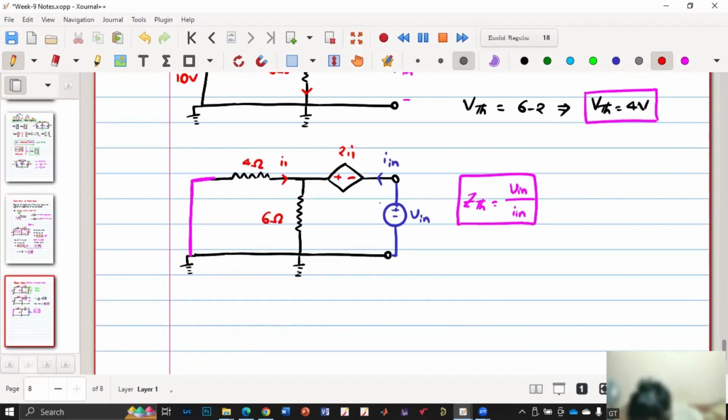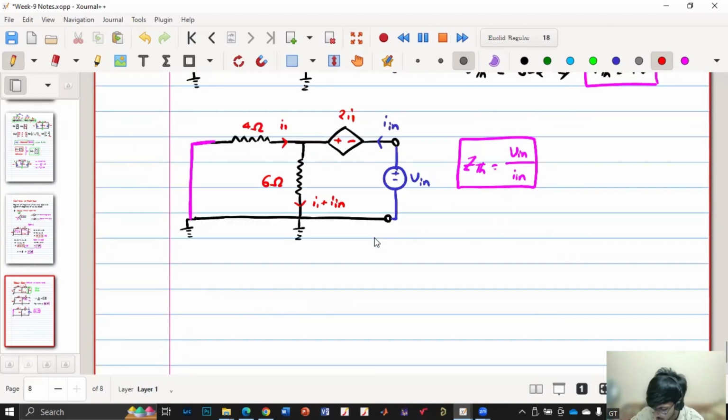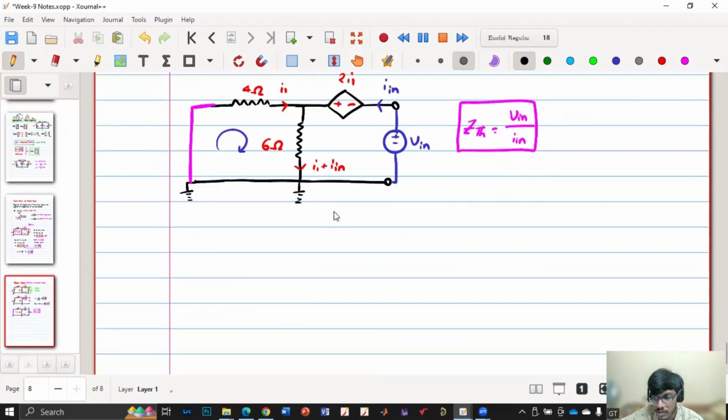So this will be I1 plus IN, yes. Now I have to get a relation between V in and I in. First of all, apply KVL in this region. Can you tell me the equation? We'll start from here and go here.